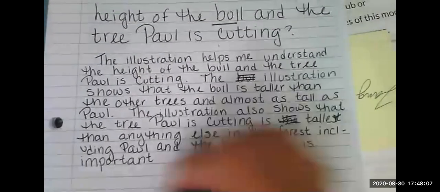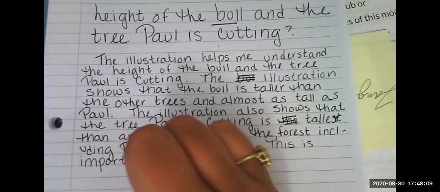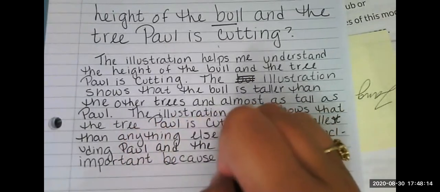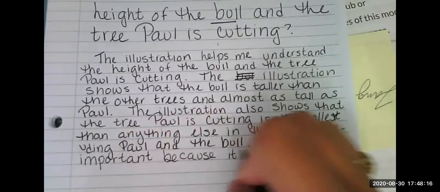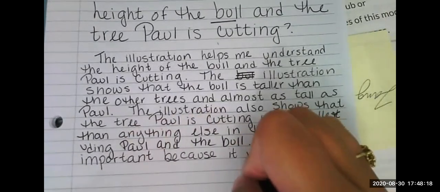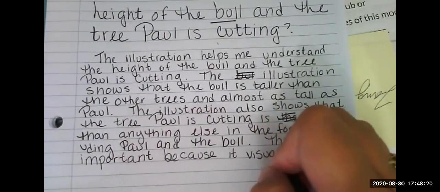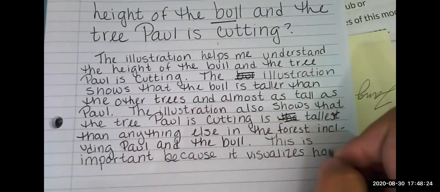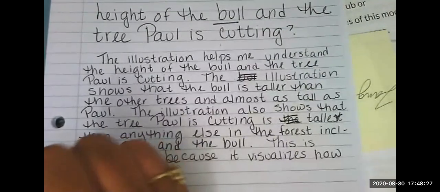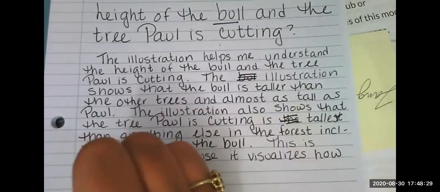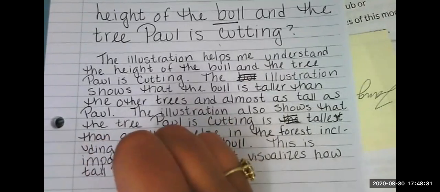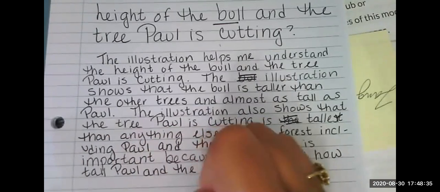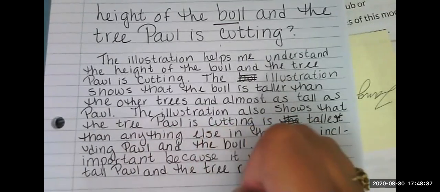So this is important because, I know it's kind of a big word, it might not be a 4th grade word, but it visualizes. That means it shows us. It visualizes how tall Paul and the tree really are.